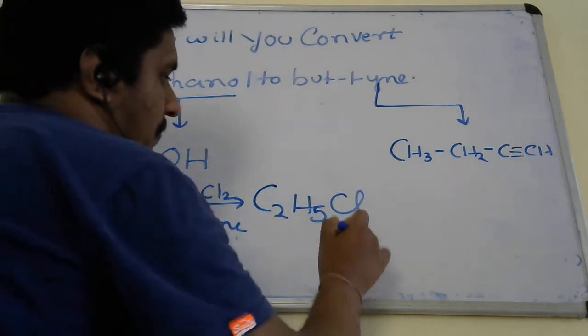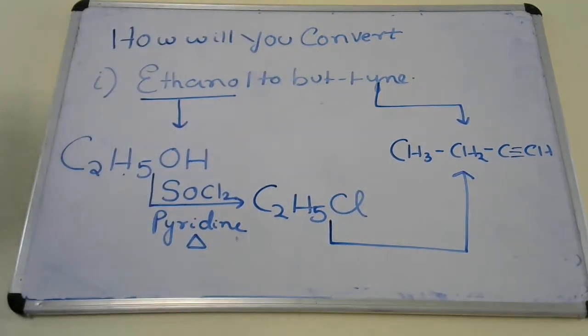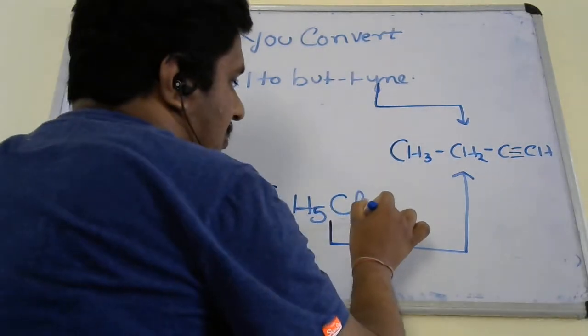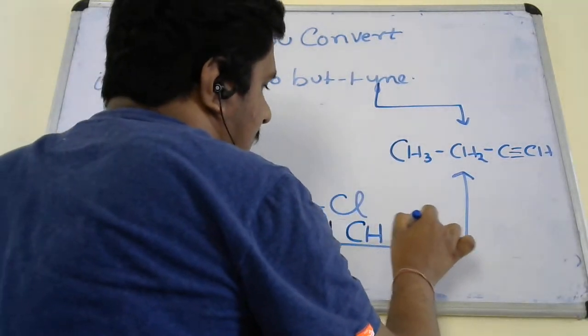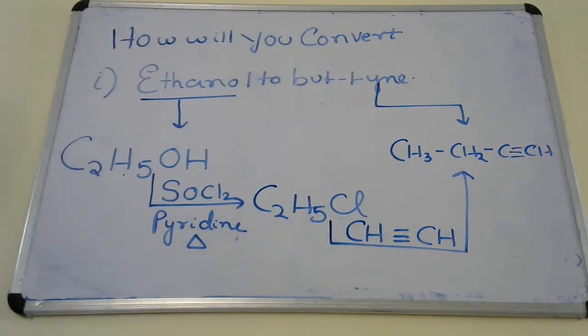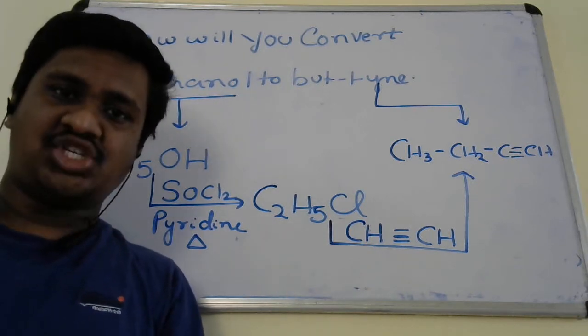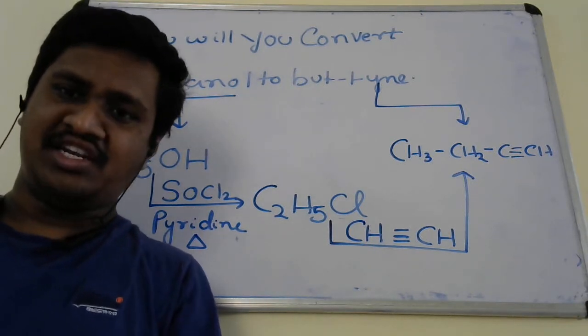Now, to convert chloroethane to this triple bond, what we will do? You see, we will provide, this is called ethyne.